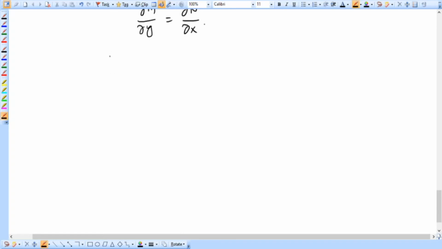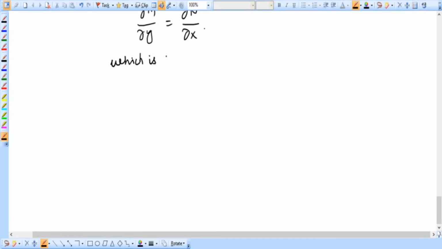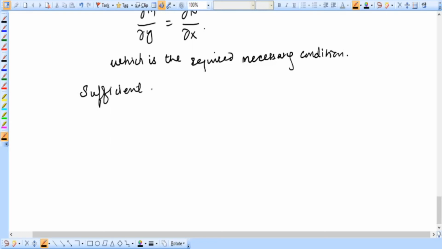Or you can write it here, which is the required necessary condition. Okay, now switching over to the second part, the sufficient condition, right?